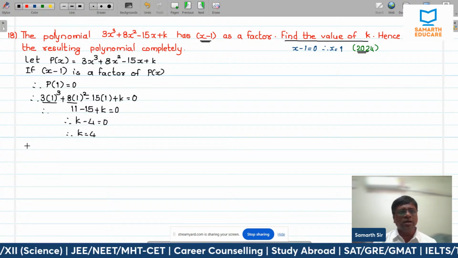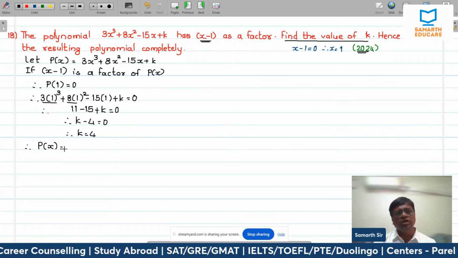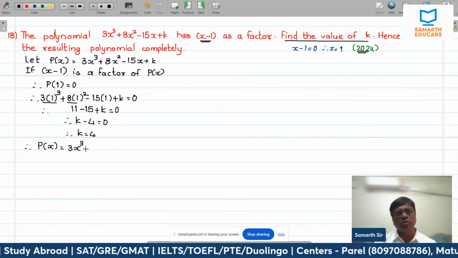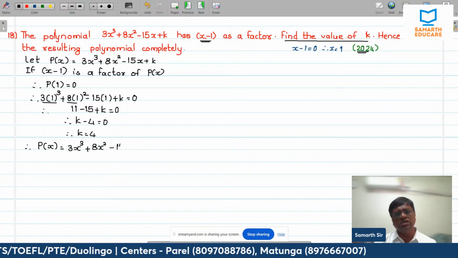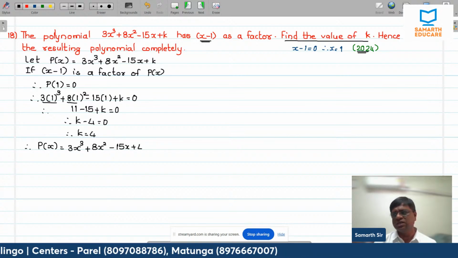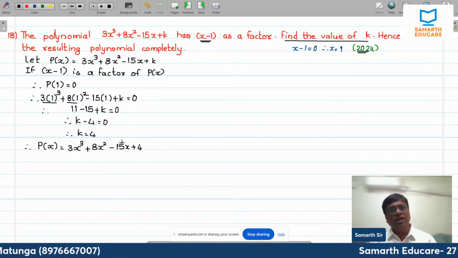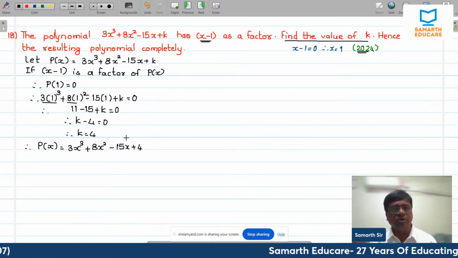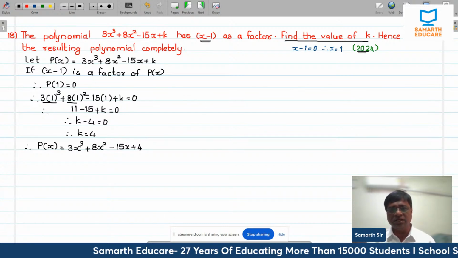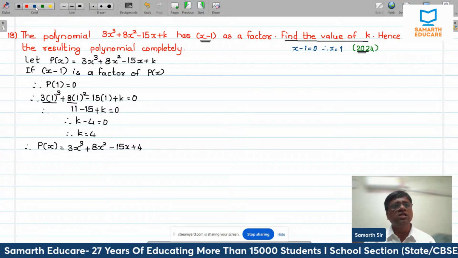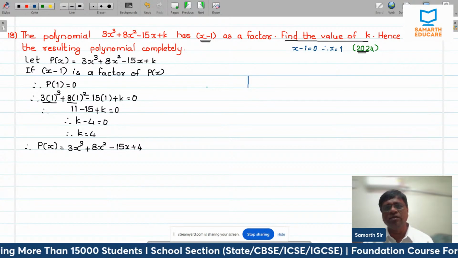Once this is done, what is my actual polynomial? 3x cubed plus 8x squared minus 15x plus k, that is 4. All right, remember they are saying x minus 1 is a factor. We don't have to do anything for that; x minus 1 is a factor. Now they are saying hence factorize the complete thing, right? Hence factorize the complete thing means I will have to divide.